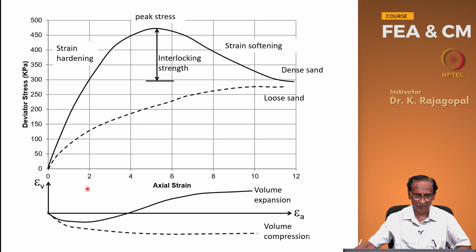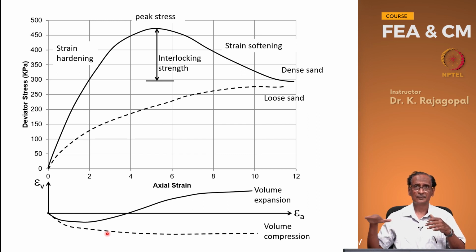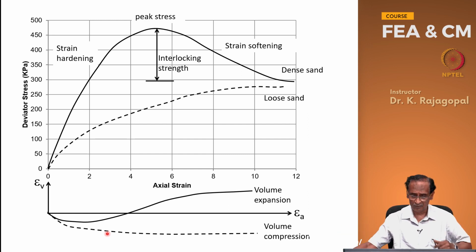Then if you look at the volume change response, the loose sands will go on compressing, then at some stage they will reach a constant volume state, but they will undergo volume compression predominantly.